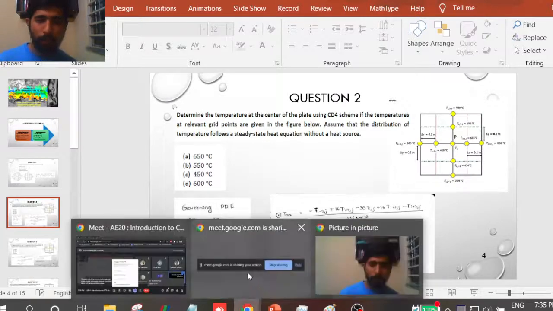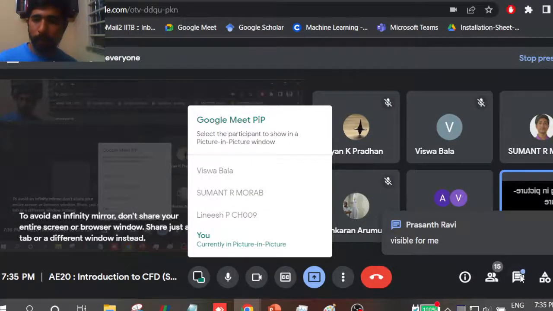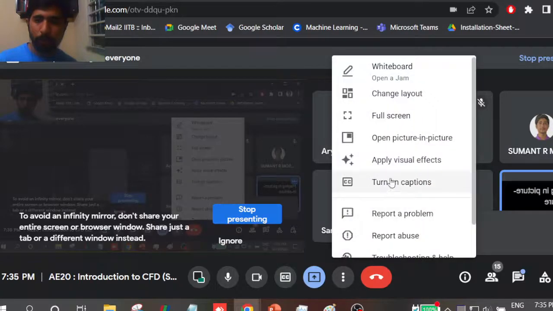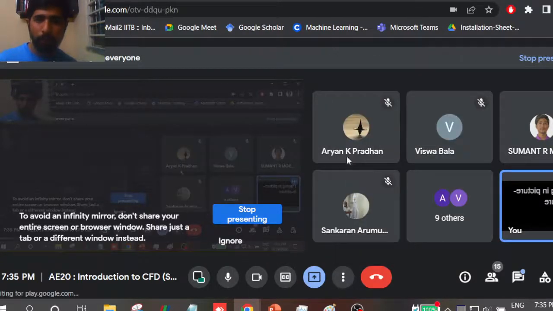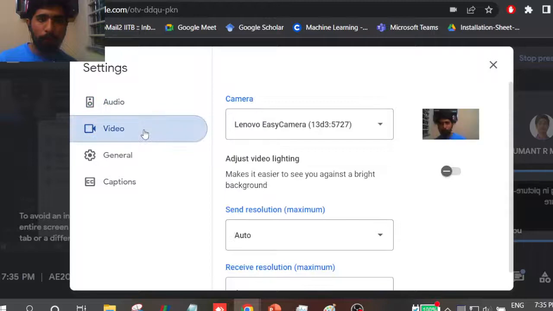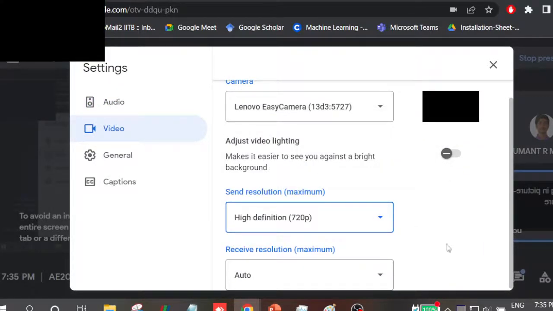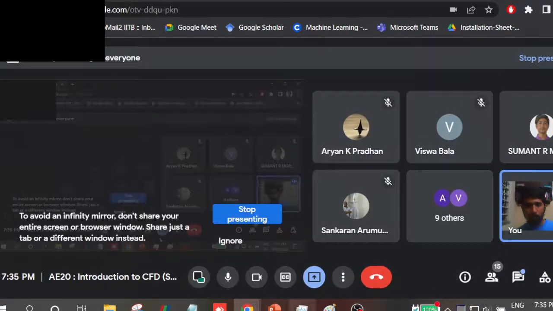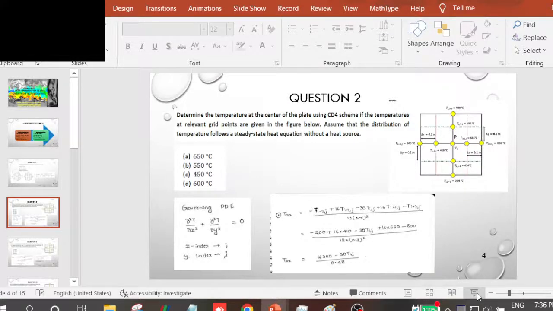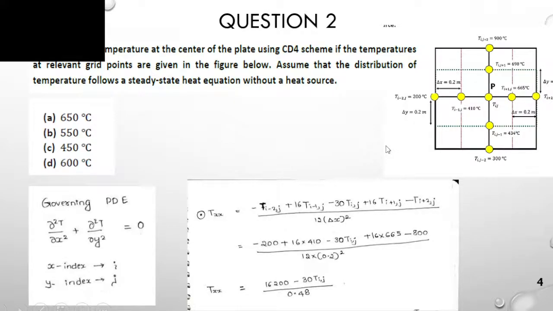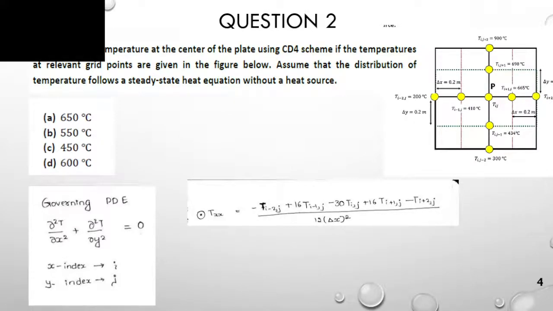Okay, check your resolution also from your side because that might be also an issue, but I'll check from my side also. Video send resolution. Okay, I'll make it high definition. Okay, now it should not blur. Yeah, check your resolution also from your side. That might be outside. Now I am sending it in a high resolution, so resolution should not be there.